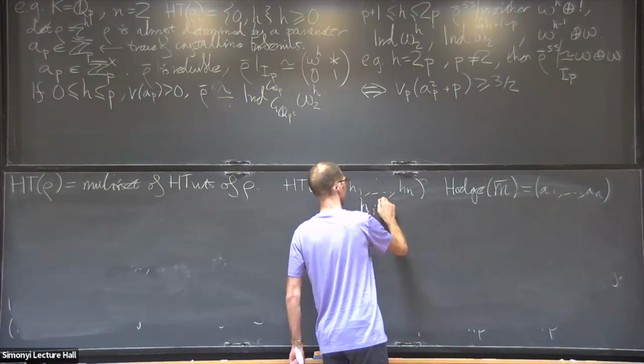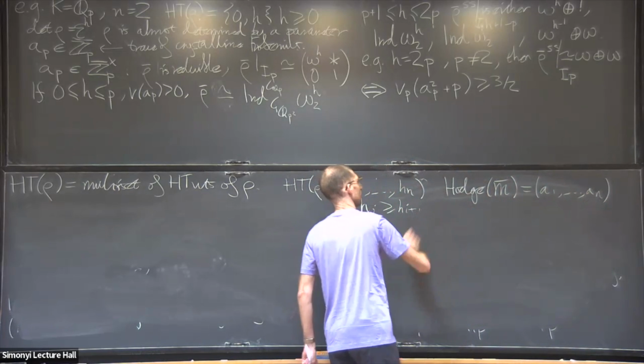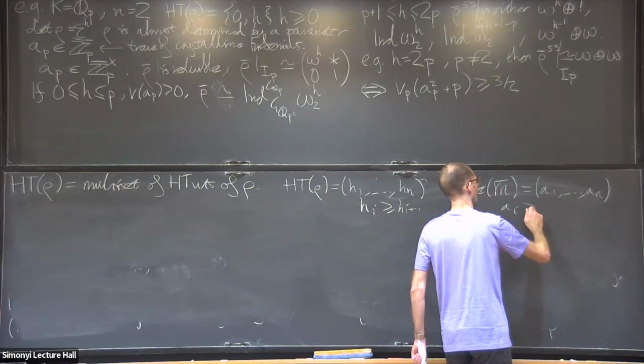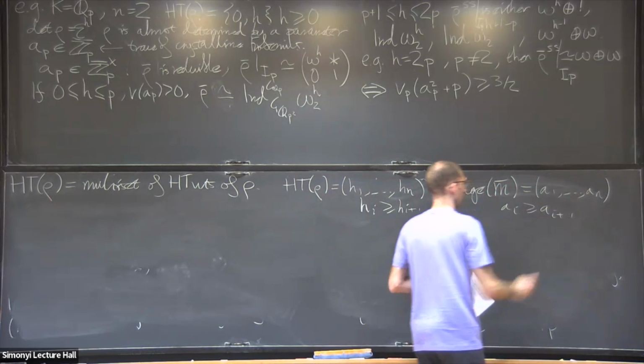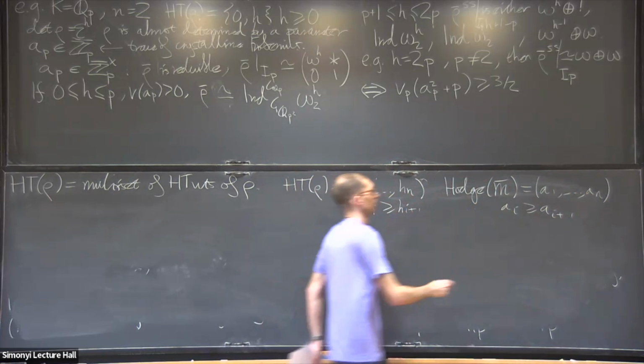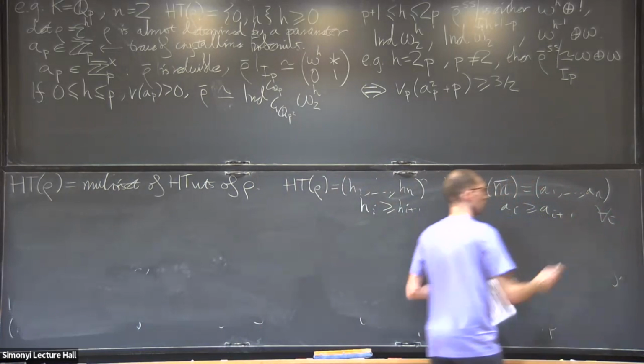So I want to insist that Hi is at least Hi plus 1 and Ai is at least Ai plus 1 for all i, so, in decreasing order.